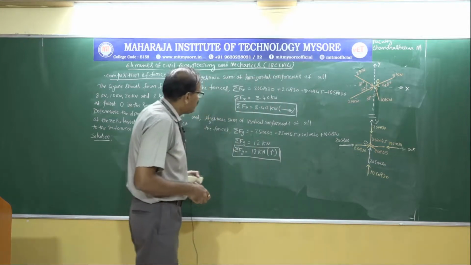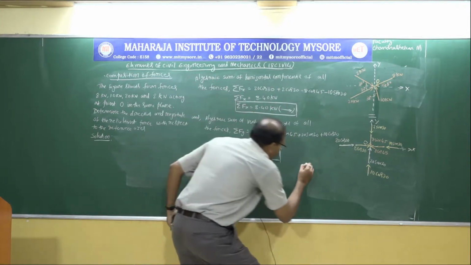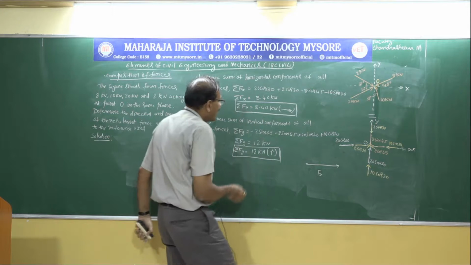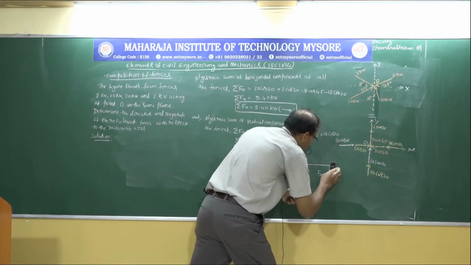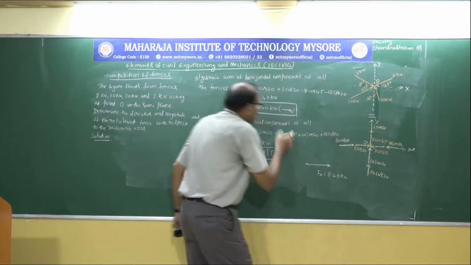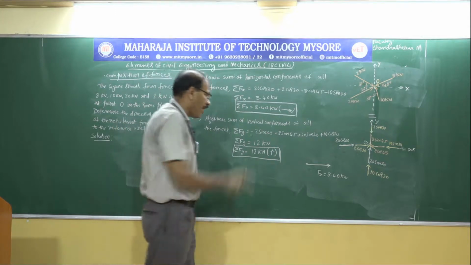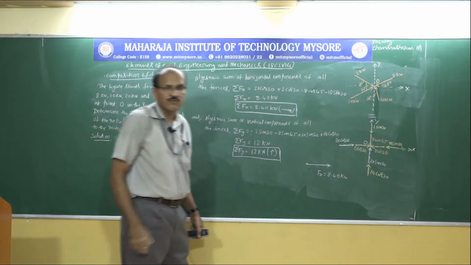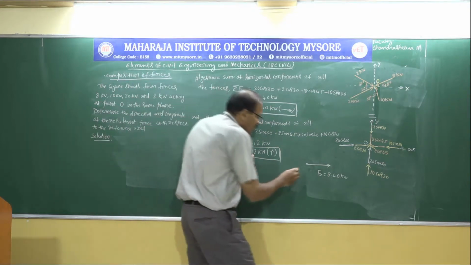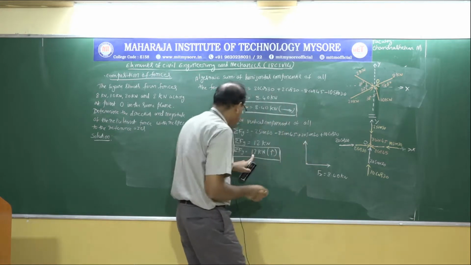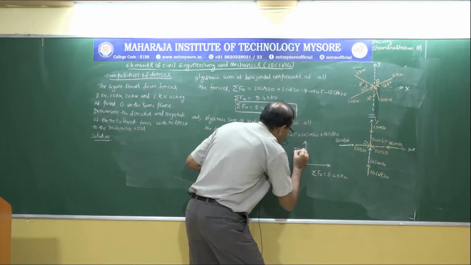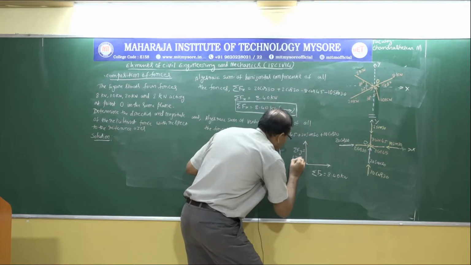So for that I am going to write the forces here, that is sigma Fx of magnitude 8.4 kilonewton. Look at this arrow acting to the right. That's why I have shown this force as acting towards right. And 12 kilonewton is acting upwards. So that is sigma Fy equal to 12 kilonewton.